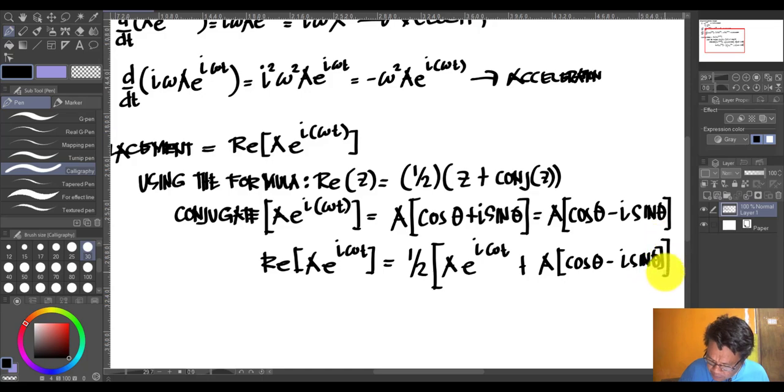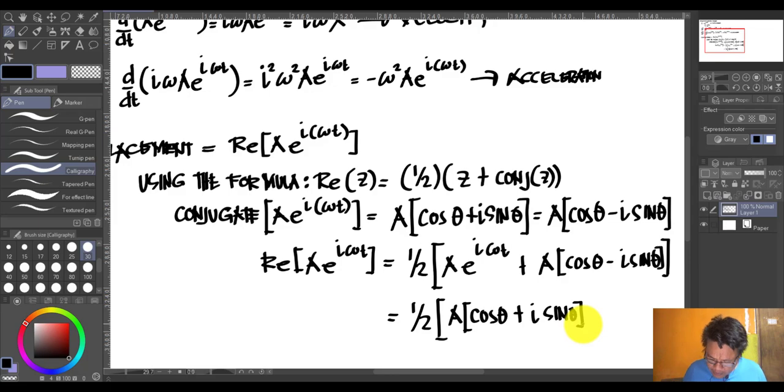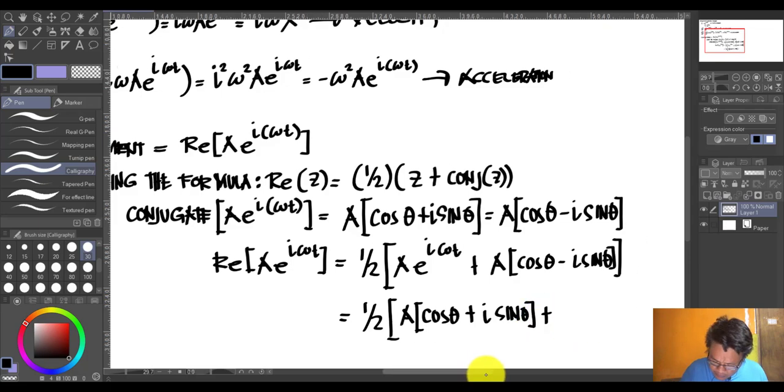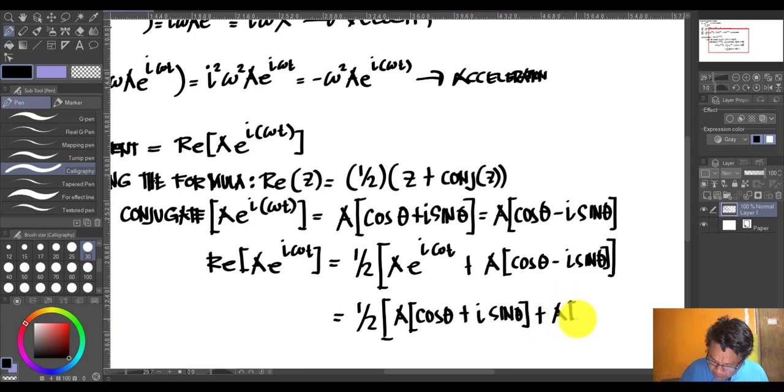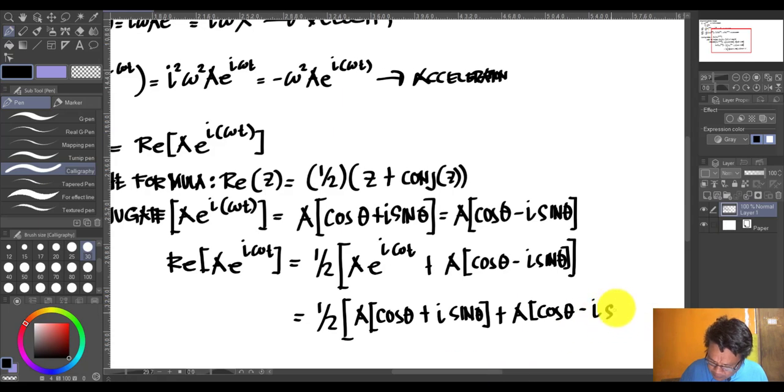I can express this as 1/2 times A, cosine of theta plus i sine of theta, plus A, cosine of theta minus i sine of theta, and close parenthesis for the whole equation.